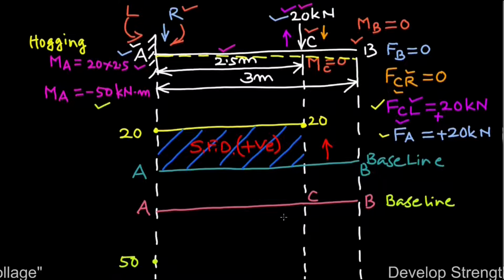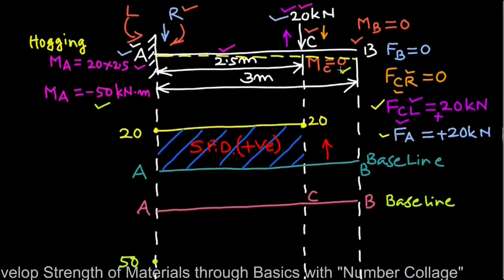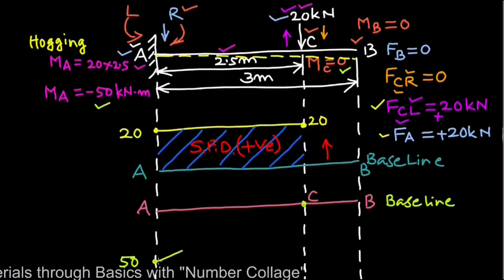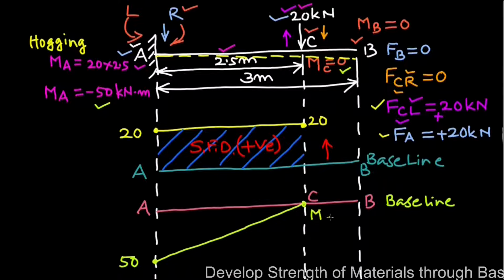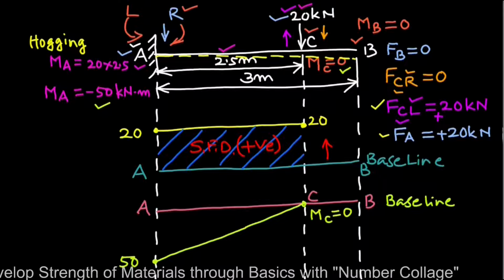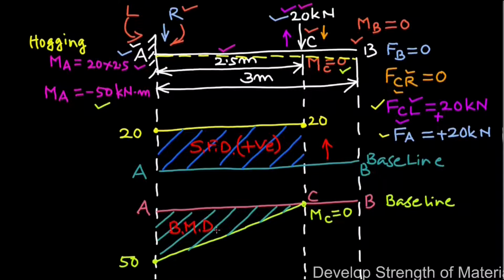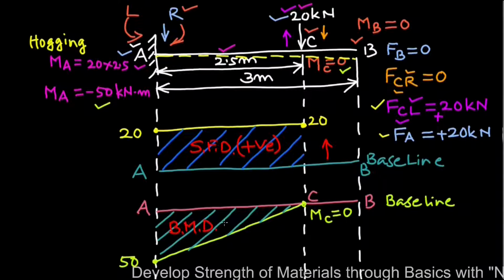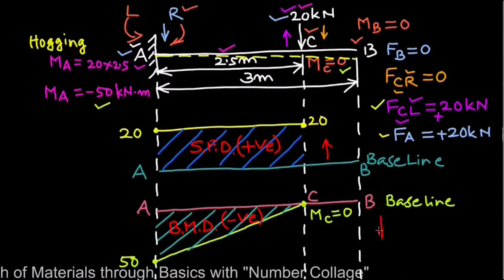Now this bending moment is gradually going to reduce to 0, which is the bending moment MC at point C. So we will draw a line joining 50 to this point C where MC is 0. So this will be the bending moment diagram of the cantilever loaded as shown, and it will be negative in nature and hence plotted below this baseline.